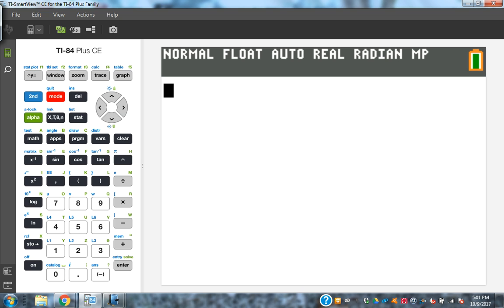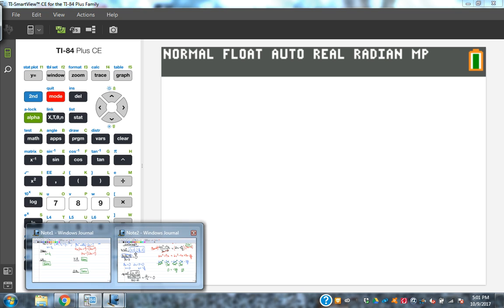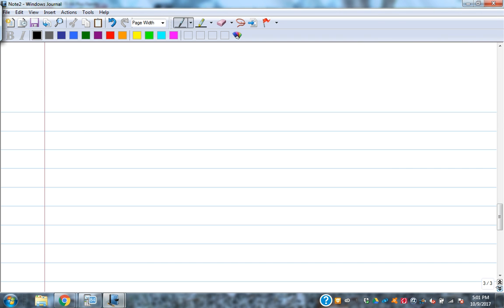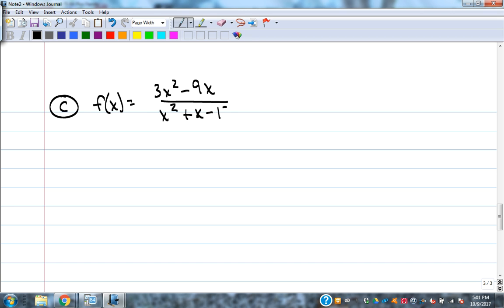Let's do one more, and we'll be done for today. All right. Example C. f of x is equal to 3x squared minus 9x over x squared plus x minus 12.